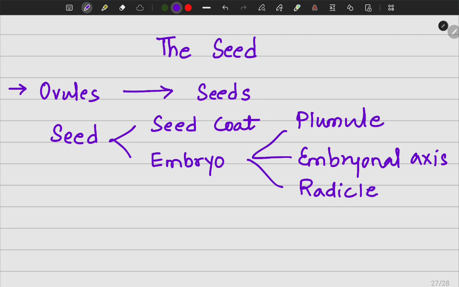We studied about this in the previous lecture when we studied about the stem and the root. We learned that they are formed from the plumule and radicle respectively, right? So they are the part of the embryo.